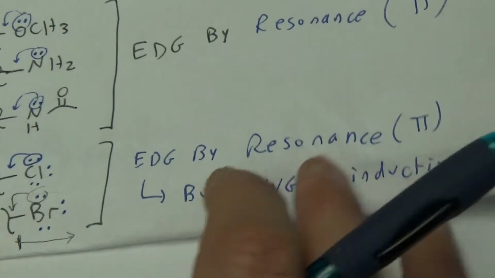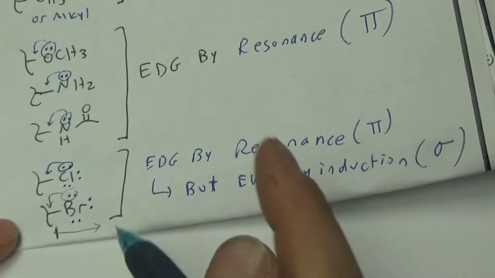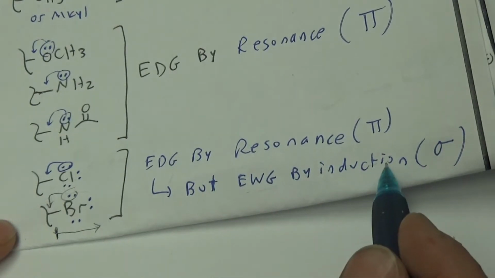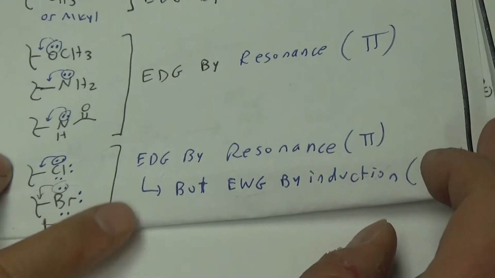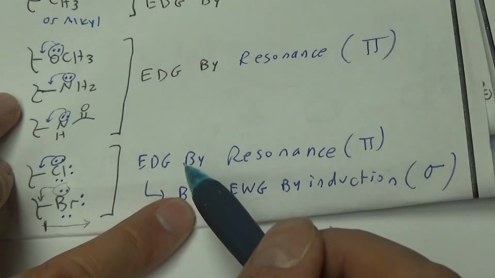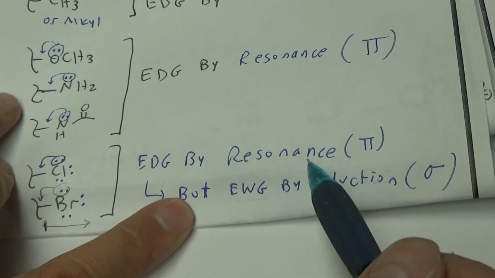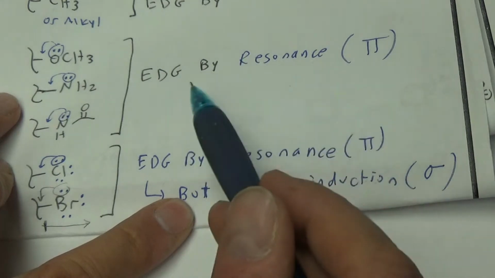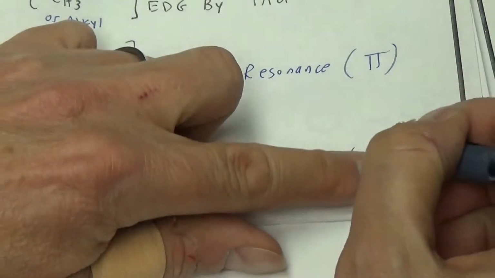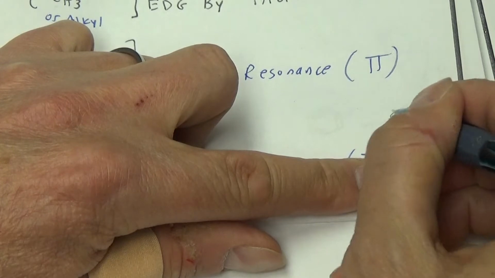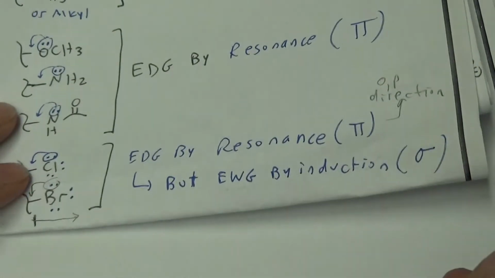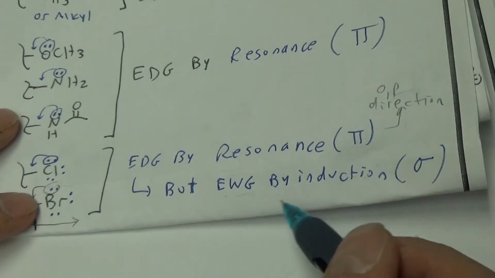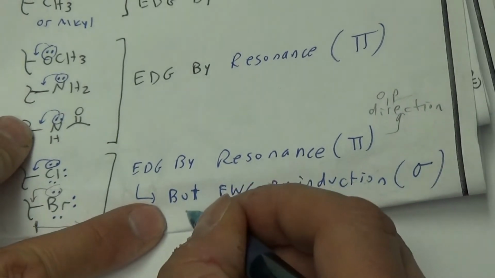And what you'll see, and we're going to emphasize this lecture, is that the donation by resonance, just like you donate by resonance up top, causes the ortho-para direction, OP direction. Whereas this withdrawing by induction causes deactivation.